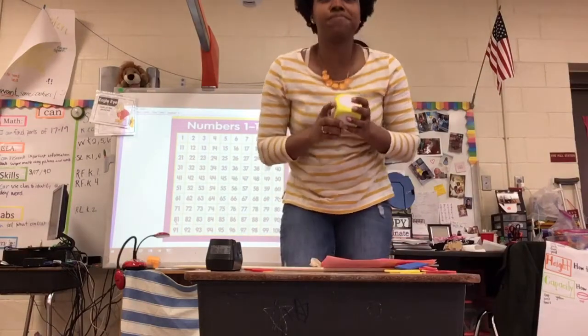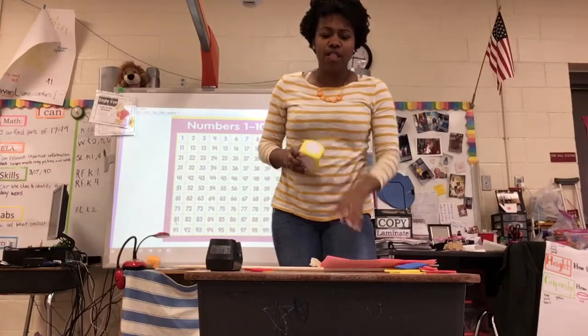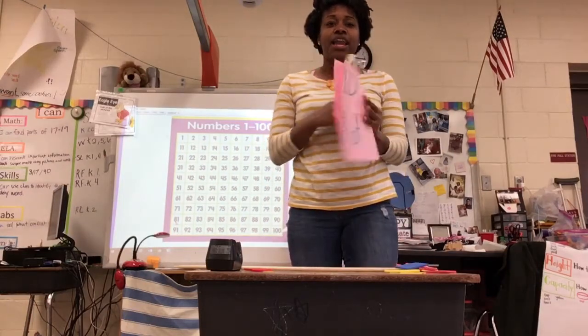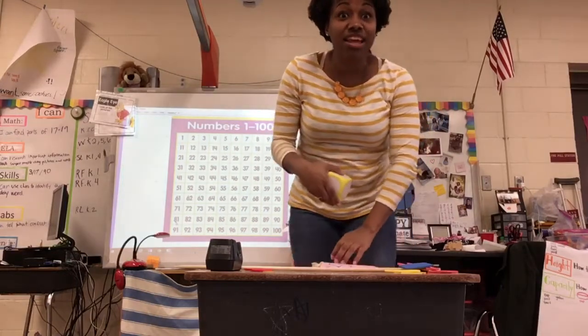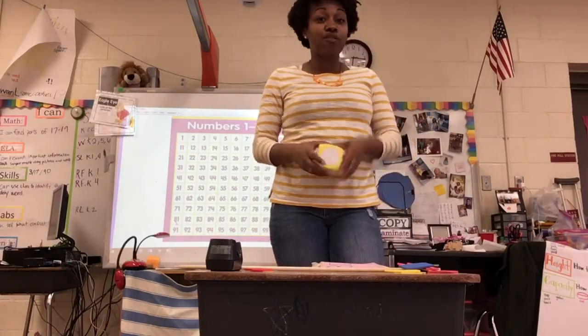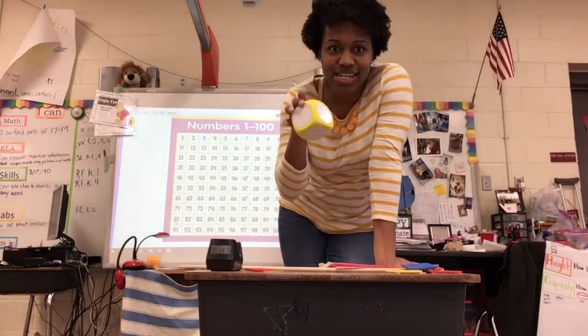Let's see. But before we see, let's pick our brain. We remember that 2D shapes are flat and 3D shapes are solid. Okay? And solid figures can stand by themselves. 2D is flat, so it falls. Let's see.